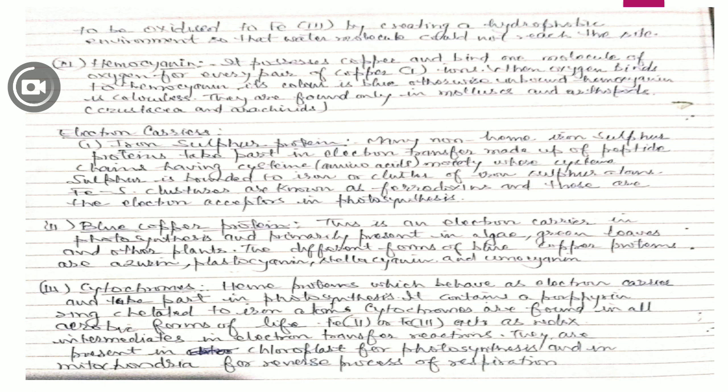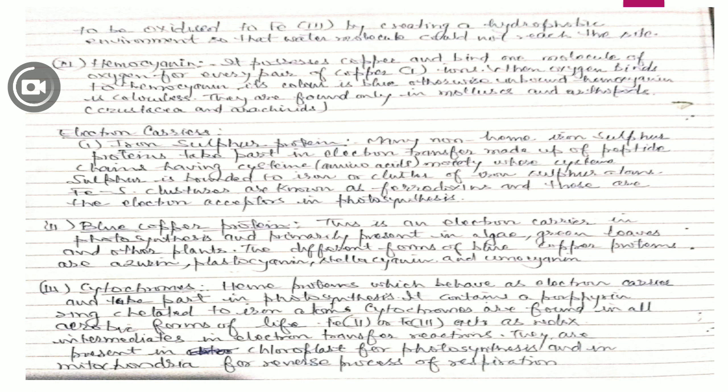It means that the globin protein creates a hydrophobic environment so that water molecules cannot reach the active site of heme protein. So these globin proteins protect the iron from reacting with oxygen of water molecules.